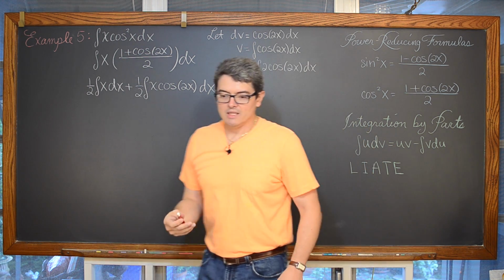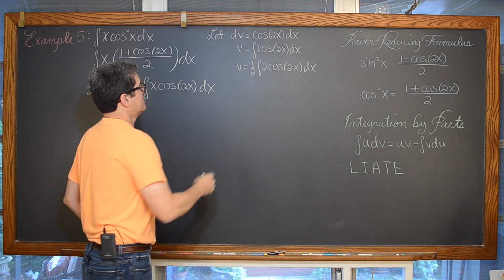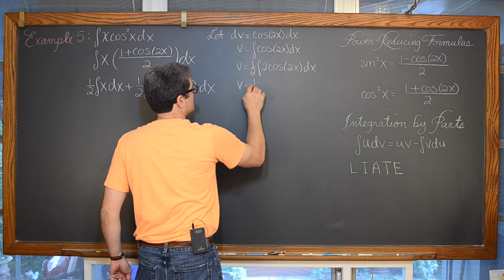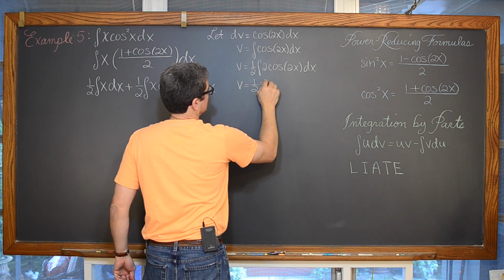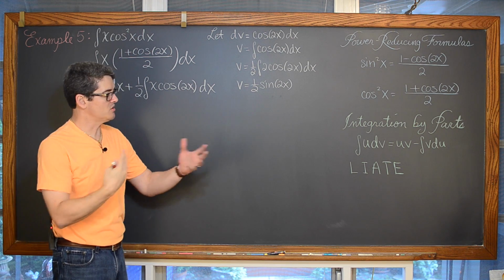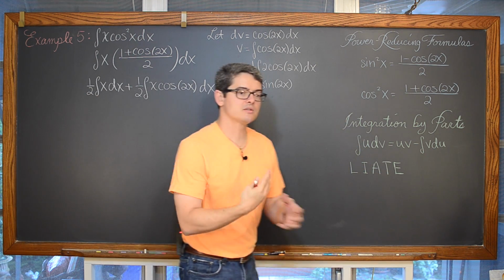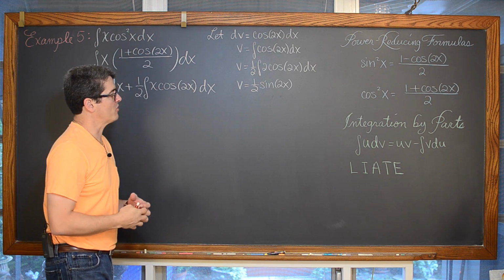Well, of course, with our chain rule completed, the integral of cosine is sine, and we have v is equal to 1/2 the sine of 2x. Now, normally you would need your plus c in there as well, but we'll deal with that constant of integration as we finish up the end of our problem.